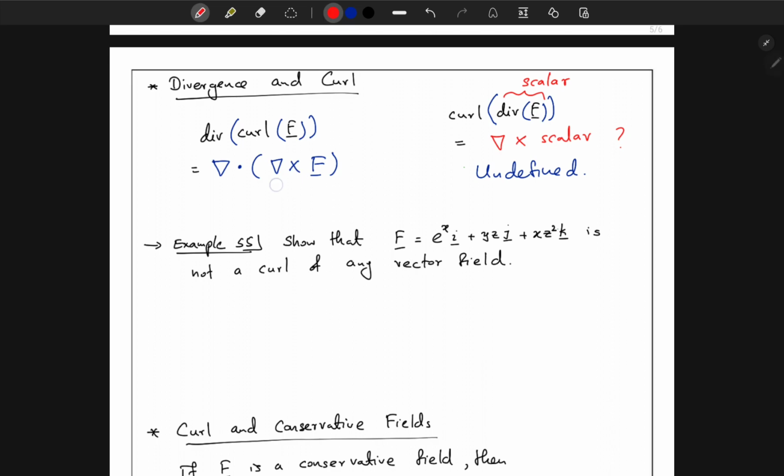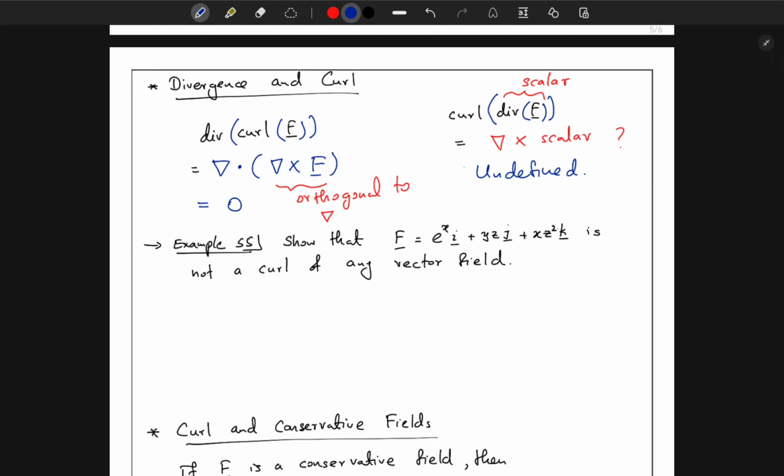So the second term is orthogonal to the gradient operator. Now when you take the dot product of two orthogonal things, you get 0. So the divergence of a curl is 0.